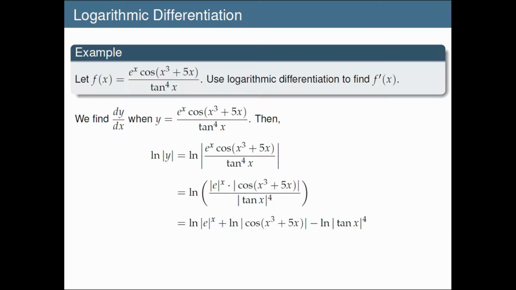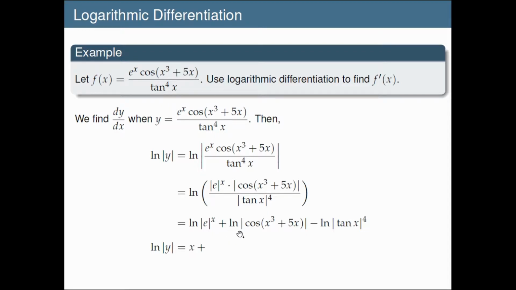Okay. Galawin natin tong part na to. By a property of the logarithm, this is equal to x ln absolute of e. But absolute of e is equal to e, and ln of e equals 1. So this part equals x times 1 or x.